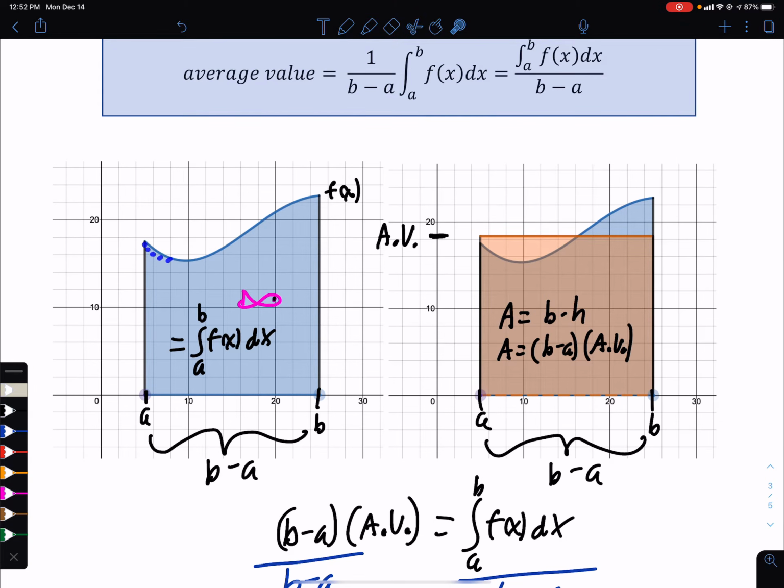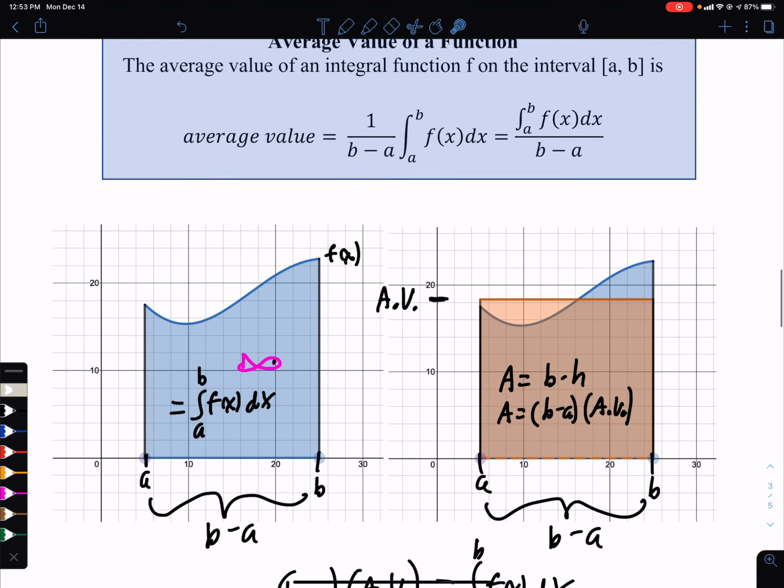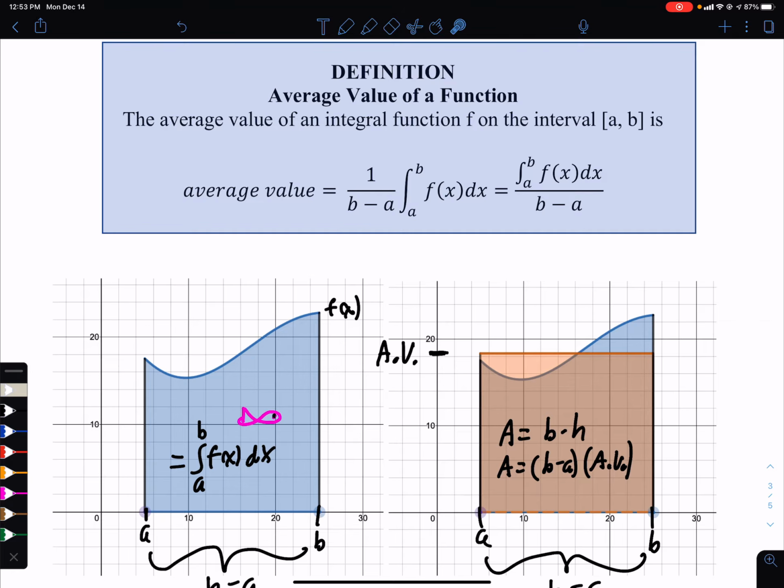There's too many numbers here to add up and then to divide. So using calculus, when you integrate, in a sense, you're adding up all these y values, and then when you divide by B minus A, you're dividing by the number of points. It gives you the average of all the numbers. So another way of looking, you add them all up and divide by all the numbers. So that's how you find the average value of a function.